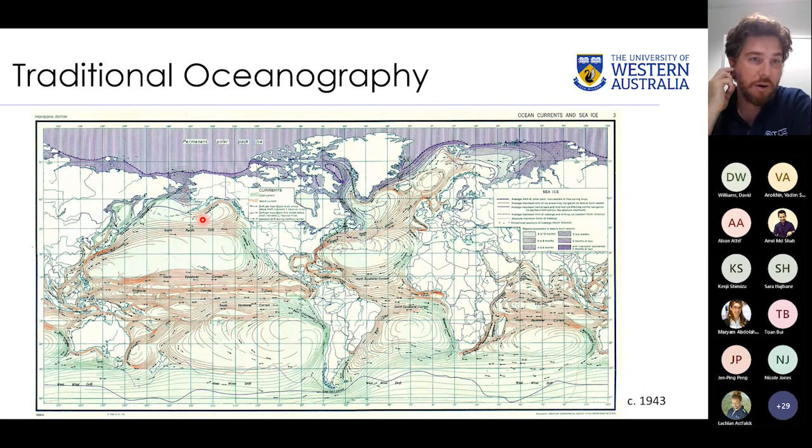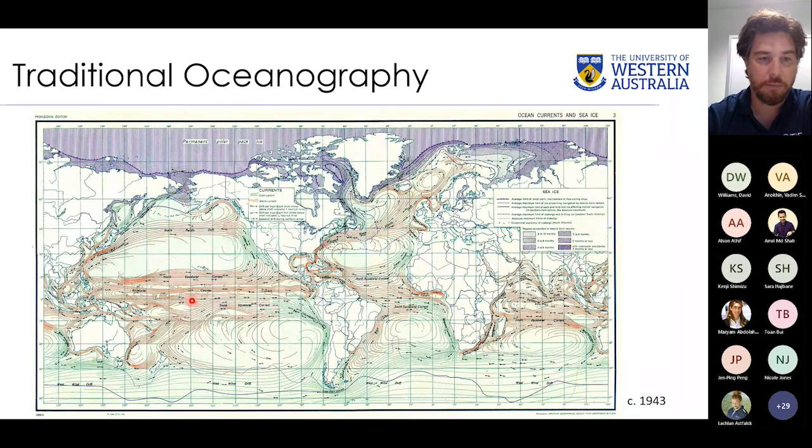To start, I'll give a 3-minute introduction to the evolution of physical oceanography and the evolution of our understanding. This is the traditional picture of ocean currents, from a map from 1943. Basically, you have these streamlines of currents flowing across the ocean basins.